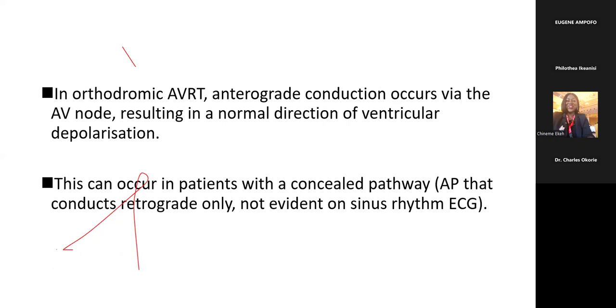So in orthodromic AVRT, anterograde conduction occurs via the AV node, resulting in normal direction of ventricular depolarization. This can occur in patients with a concealed pathway. That is, the orthodromic can also occur in patients with a concealed accessory pathway, for example, an accessory pathway that conducts only in the retrograde direction and is not evident on the sinus rhythm ECG.